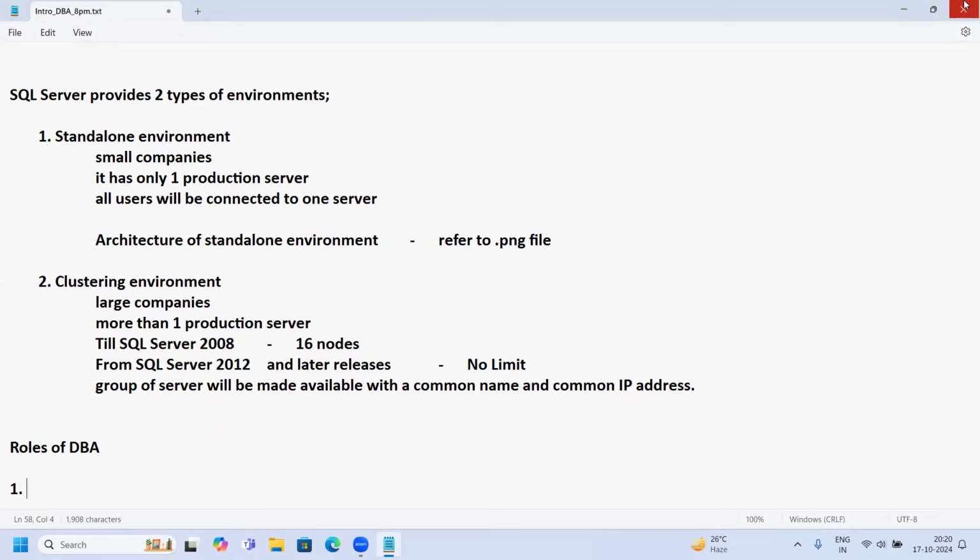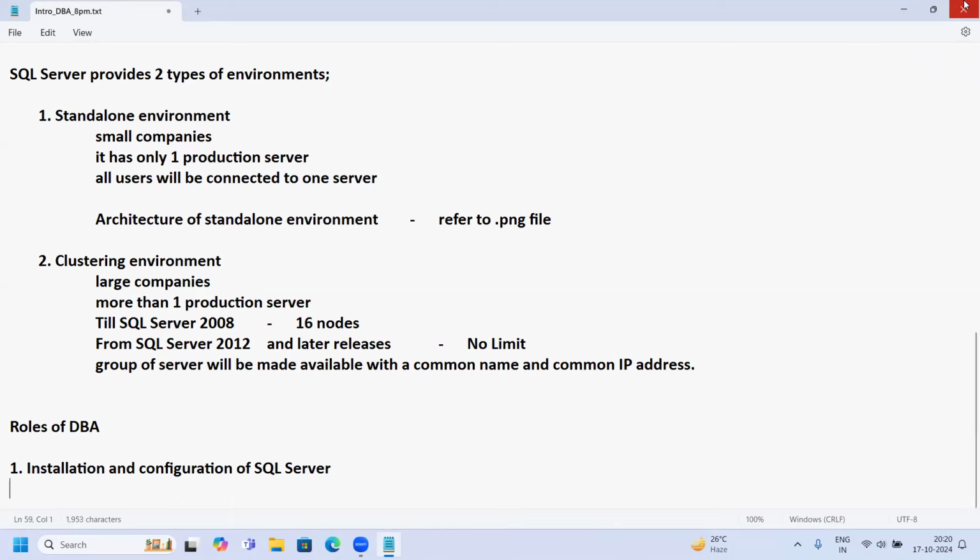The first responsibility of a DBA is installation and configuration of SQL Server. Yes, this is the first part. Installation and configuration of what? SQL Server. So a DBA should have a very clear picture of both these concepts.